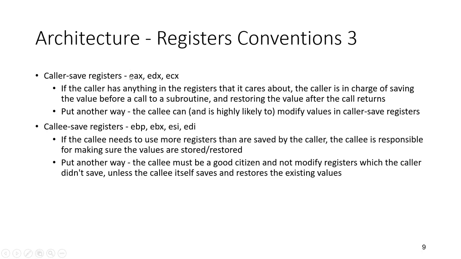So the main function will save some values from these registers and push them, and then program flow transfers from main to the subroutine, that is the function it calls. And callee save registers are EBP, EBX, ESI, EDI.